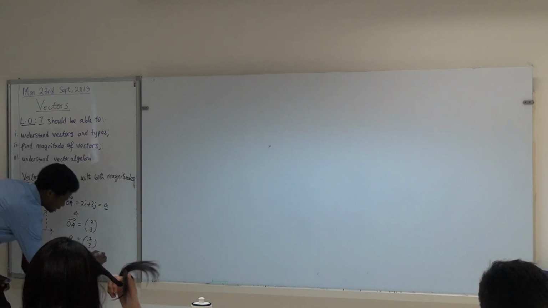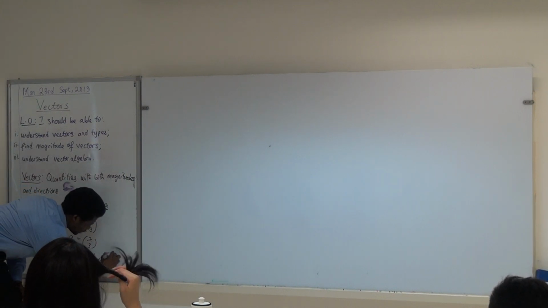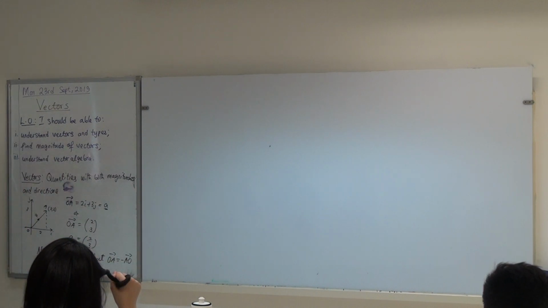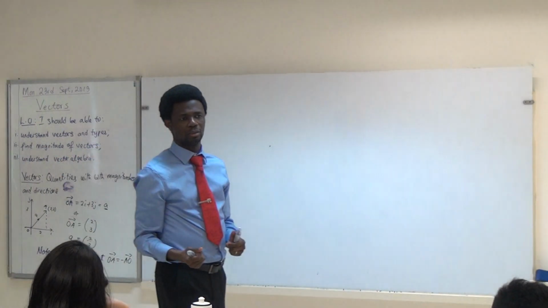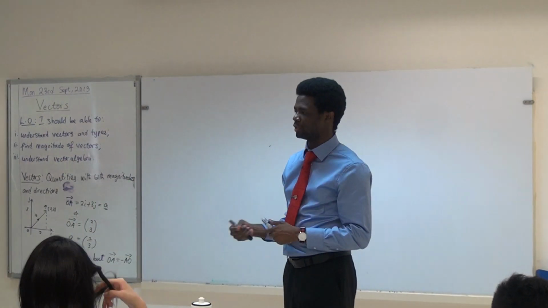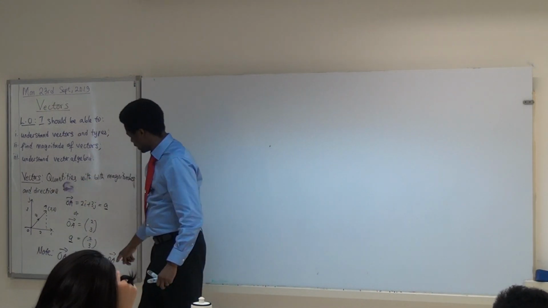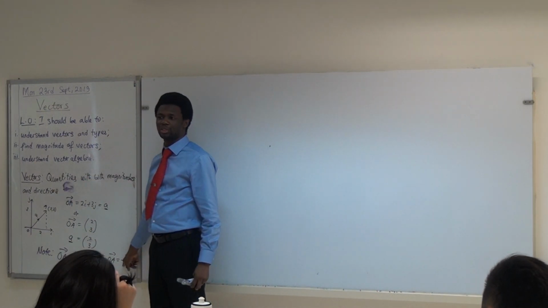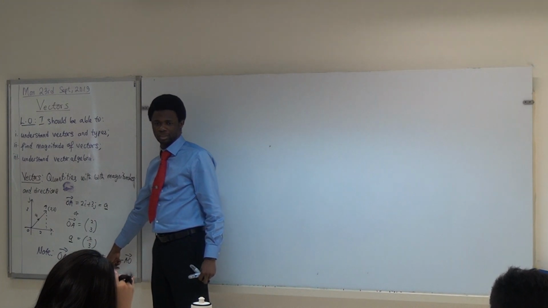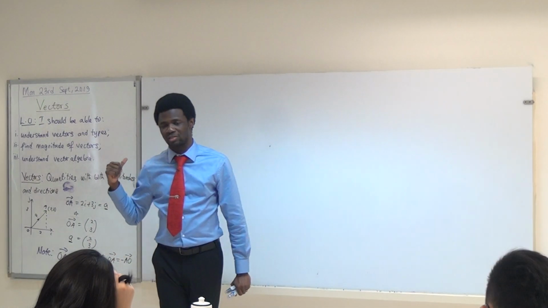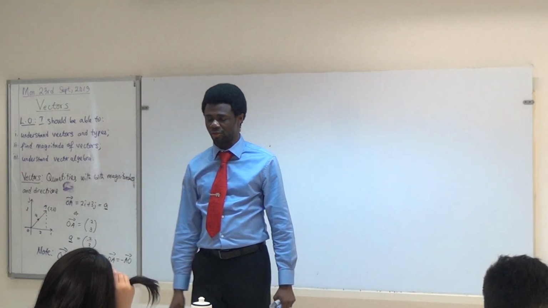So OA is just the negation of AO, the opposite, the reverse of it. Remember we said a vector has magnitude and direction. This negative is telling you the direction is opposite. But of course they share the same length. The length of the vector is the next thing I will talk about before we start using vector algebra.